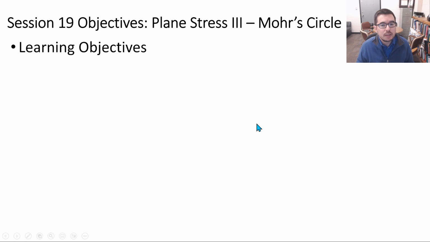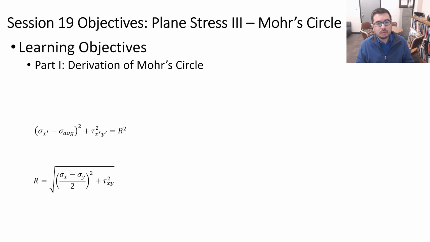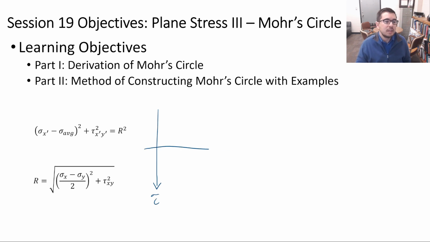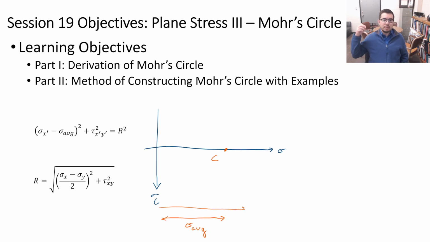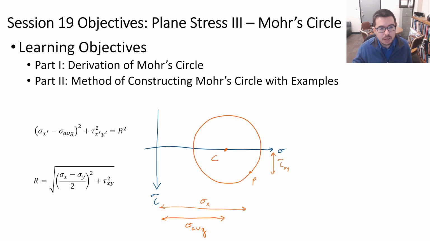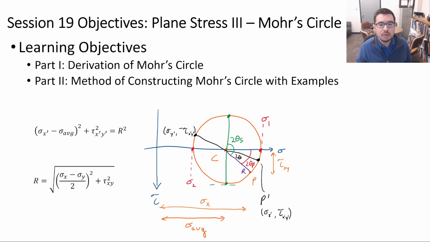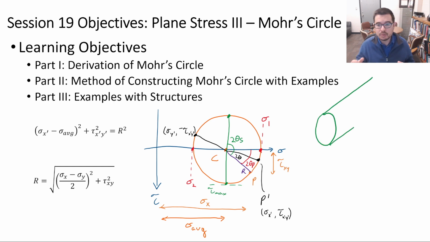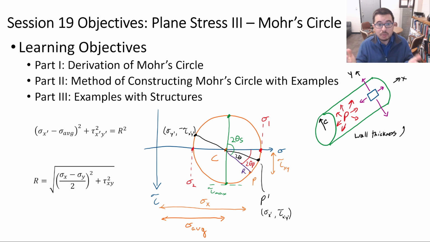To conclude this session, we have derived Mohr's circle. We have described how to construct Mohr's circle. And we've gone through examples on material elements. We've also looked at examples on some of the structures that we've been analyzing in this class. I hope you find this information useful.